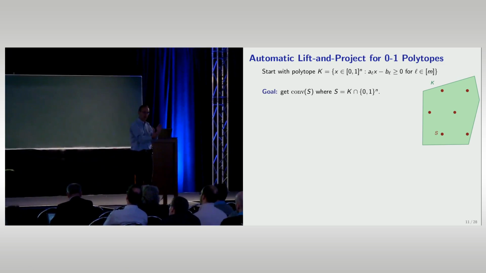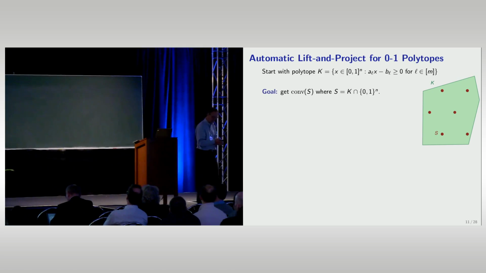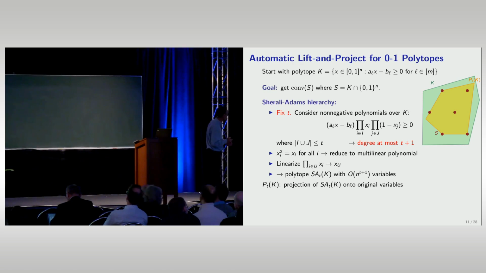And then we may want to find ways of cutting pieces to get a smaller polytope. And there are several nice ways of obtaining this. Let me mention one of them, and that's by a lift and project, which is called a lift and project.